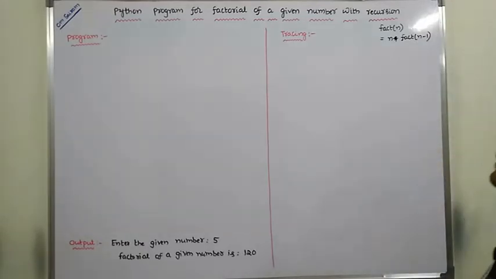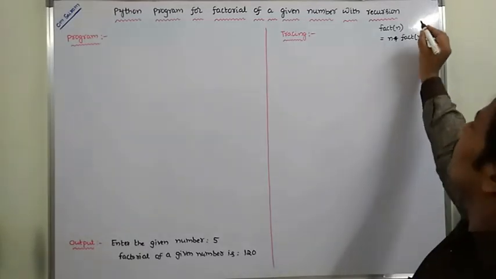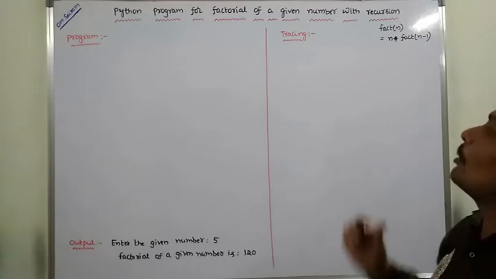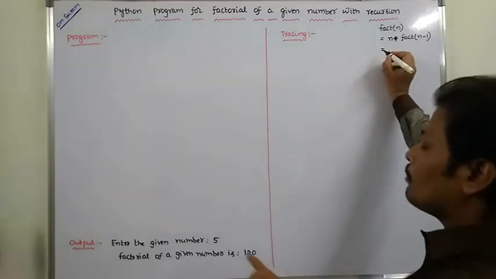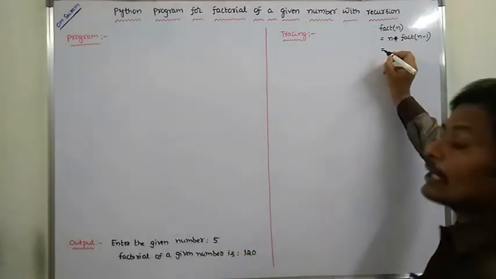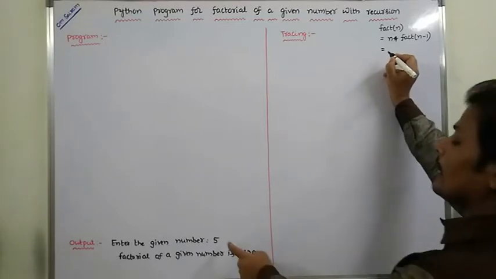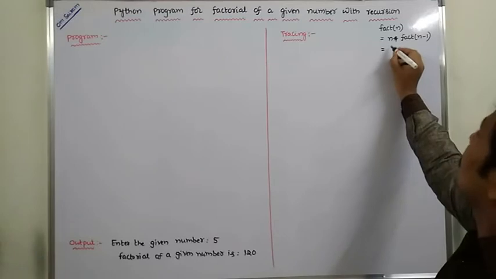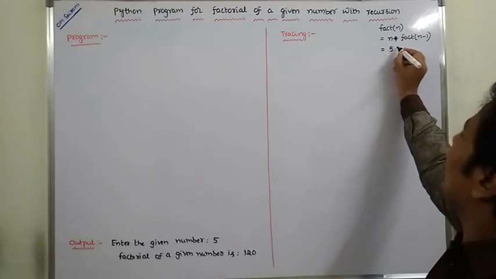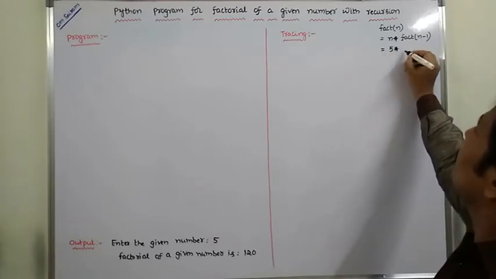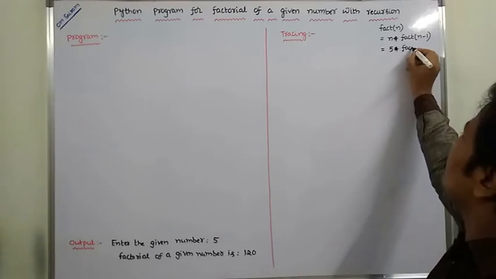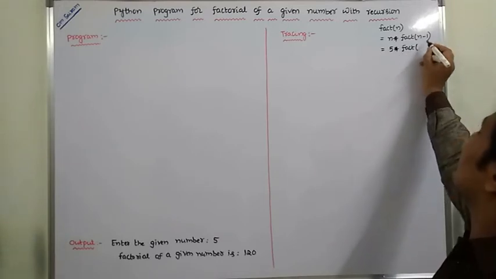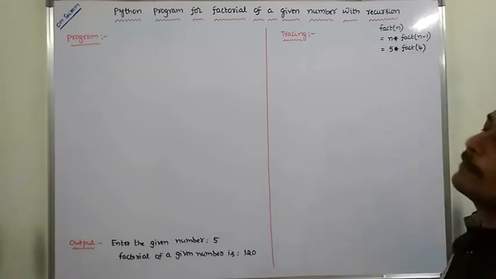Suppose I substitute n is equal to 5, since I have to calculate the factorial of 5. After substituting, it becomes 5 into fact of 5 minus 1, that is 4.